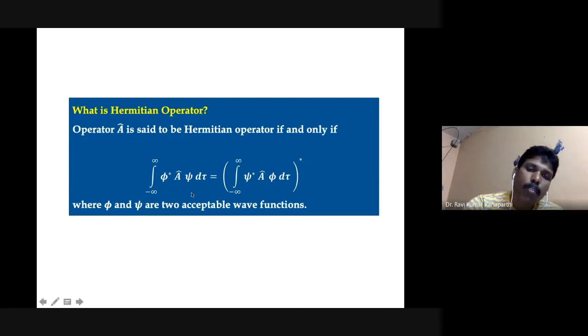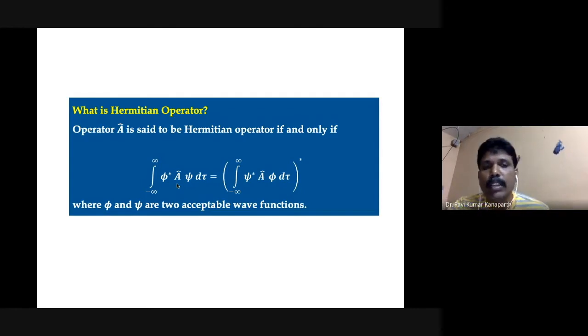You integrate that function and apply the limits, minus infinity to infinity, and you are going to get some number, or some function. Keep that aside. Now come to the other side.